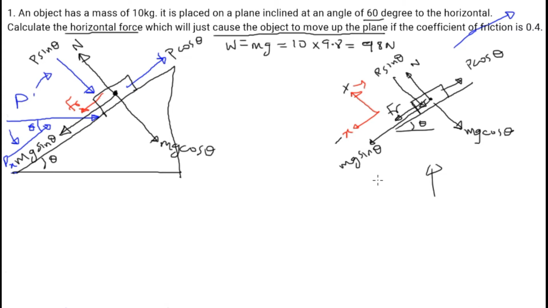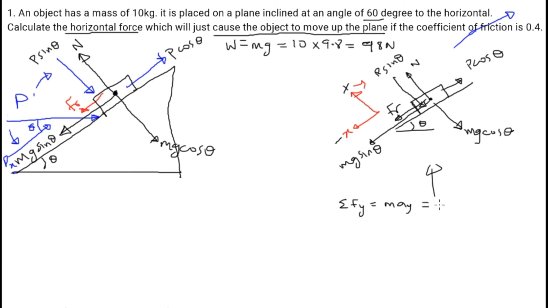So to express that mathematically, we can say that the summation of the forces on the y-axis is equal to 0. Actually, it is supposed to be equal to ma, and I make it ay as a symbol for the acceleration on the y-axis component.